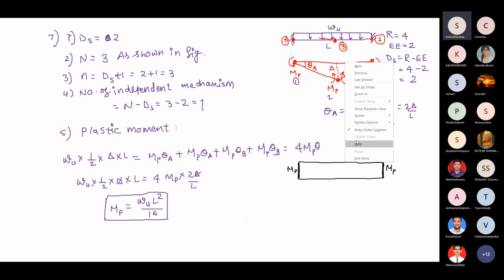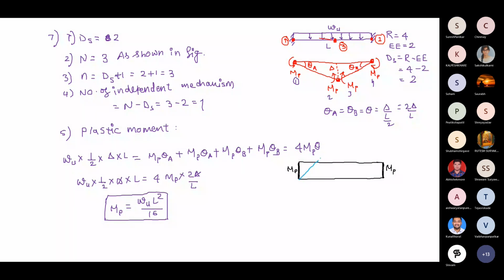And then at the center we have again MP. जिथे तुमचं इंटरनल हिंज सॉरी प्लास्टिक हिंज आहे तिथे MP येणार आहे. And it should be net value.